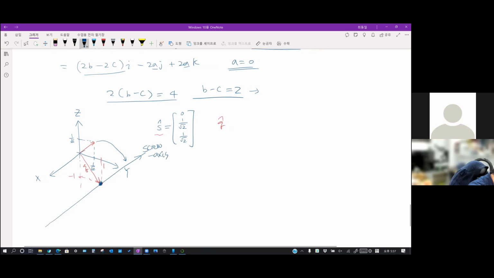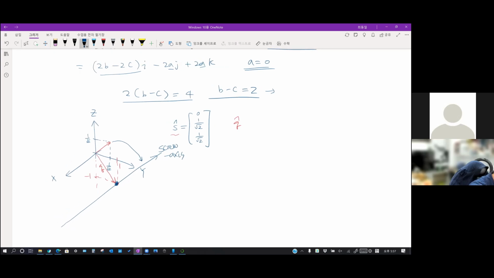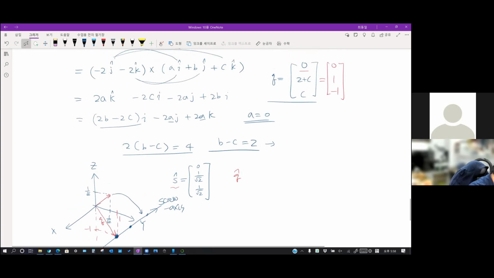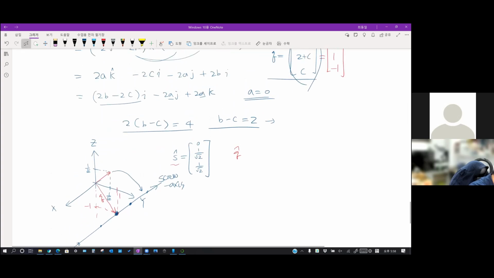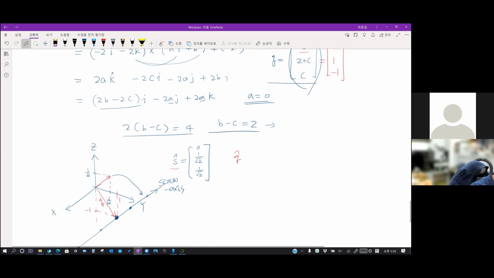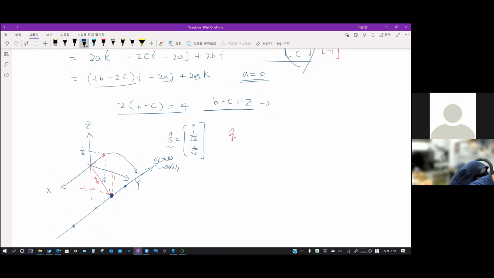Because the Q point can be multiple, because some point on the screw axis can be the Q point. So if you choose some other point, then you can get another Q point, but the Q point should be on the screw axis.